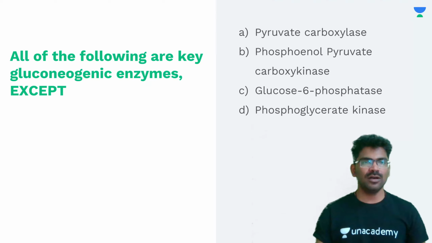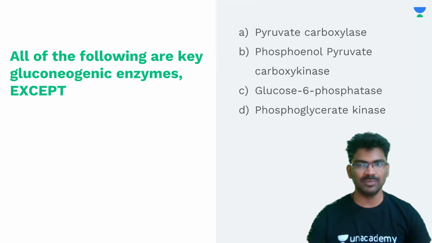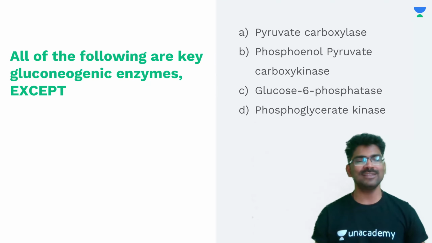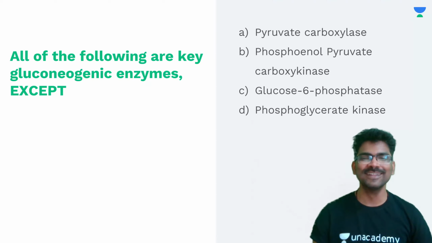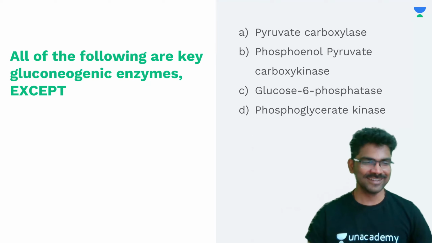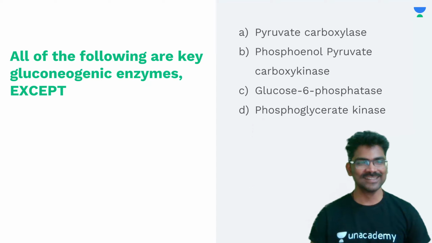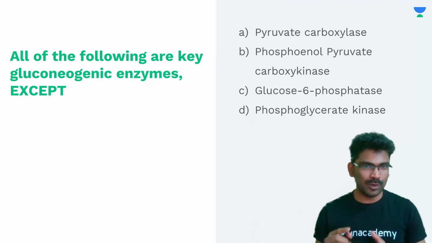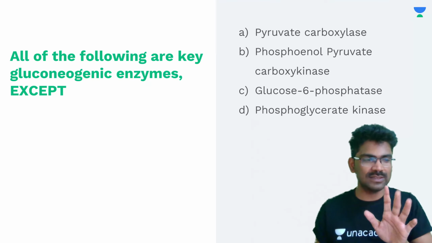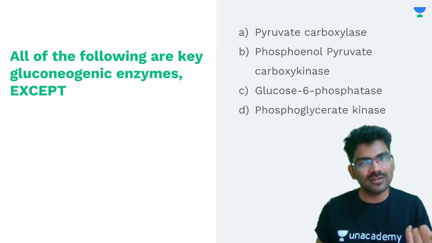All of the following are key gluconeogenic enzymes except. Moksha also removed the answer. Nitish also removed the answer. Now both are giving D. So key gluconeogenic enzyme means they must be involved in only gluconeogenesis. They should not be involved in glycolysis.